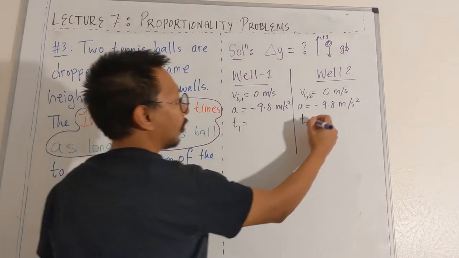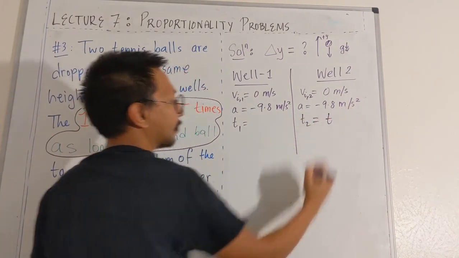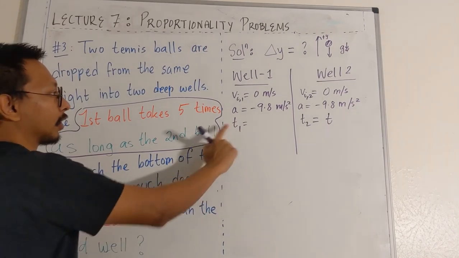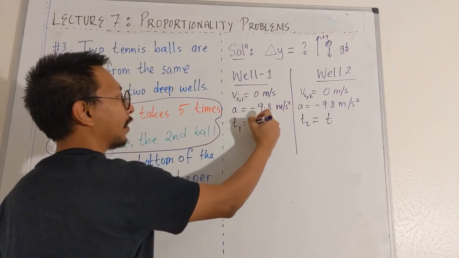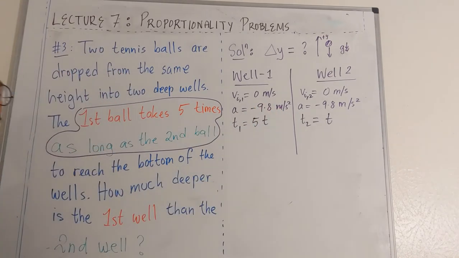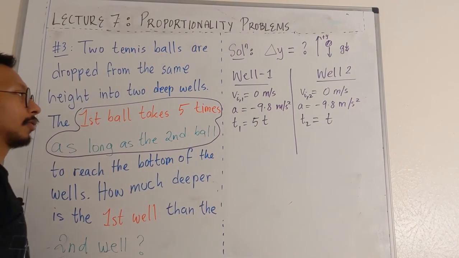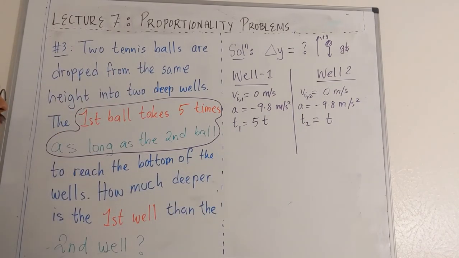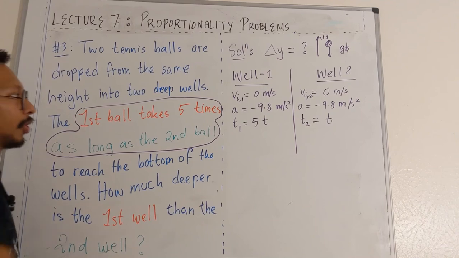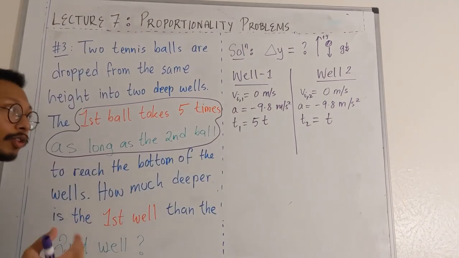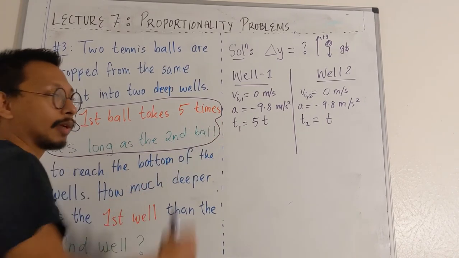So if the second ball takes a time, say t, whatever that t may be, the first ball will take 5 times as much, so 5 times t. This is very important to be able to solve the problem, to understand how to set up these kinds of relations. So we know initial velocity, we know acceleration, and we know time, as in we know how to relate the times.